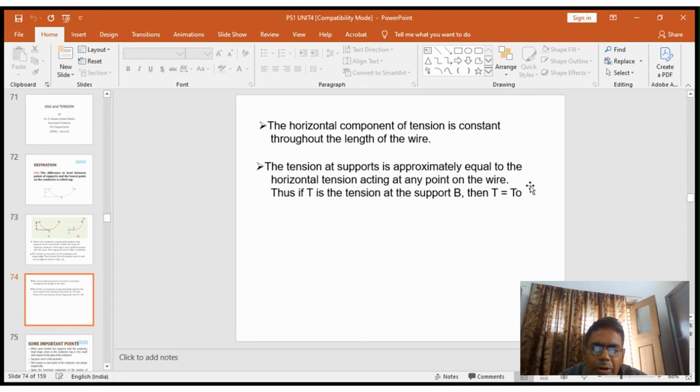The horizontal component of tension is constant throughout the length of the wire. The tension at the support is approximately equal to the horizontal tension acting at any point on the conductor. Thus, if T is the tension at support B, T is equal to T naught.